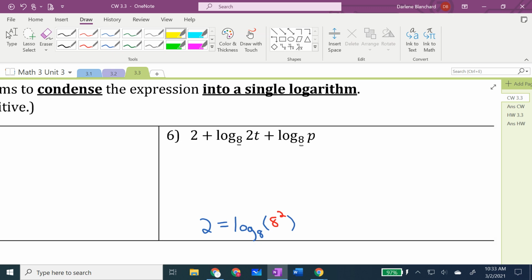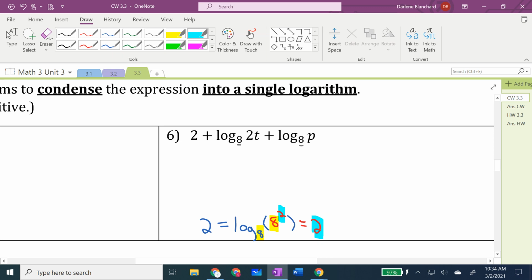So what I need to put in here to get a 2 out is 8 squared. Do you see that? And I want to point out that I had mentioned earlier that the order of operations is that this 2 goes into 8 to the power, 8 to the power goes into log base 8, and you have back-to-back inverse operations. And that means that this logarithm is equal to just the 2 that is here.